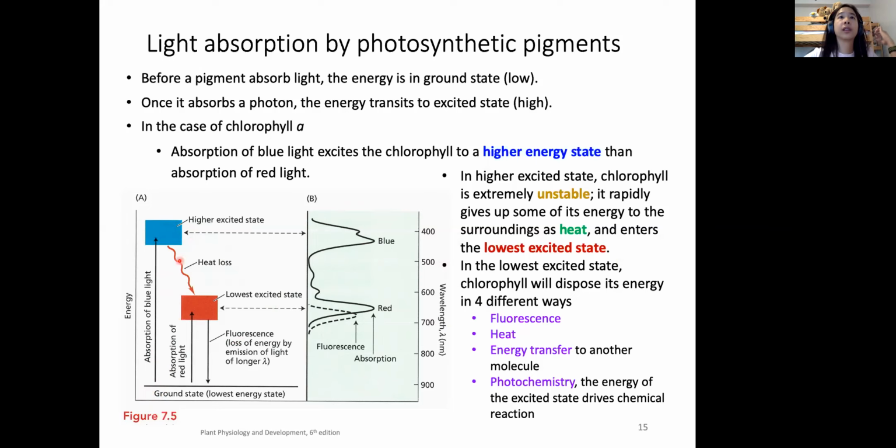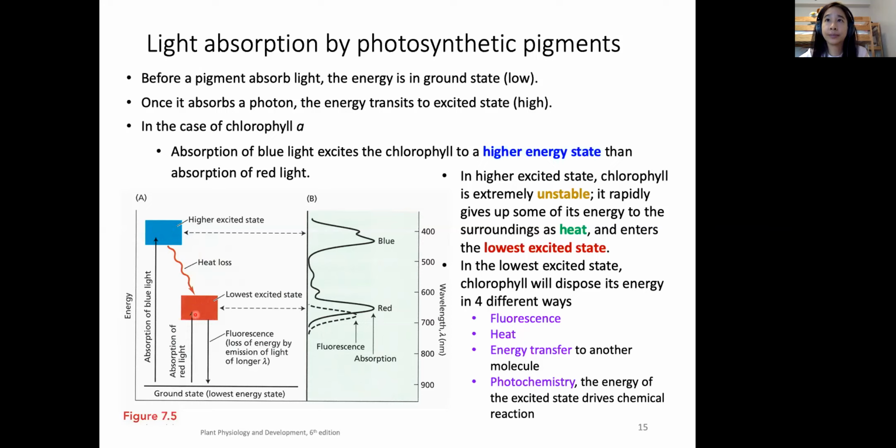If the electron receives energy from blue light, it will get higher energy compared to energy from red light. If it receives energy from the blue light, this energy will be dissipated as heat, and the electron will drop to a lower energy. We call it the lowest excited state.